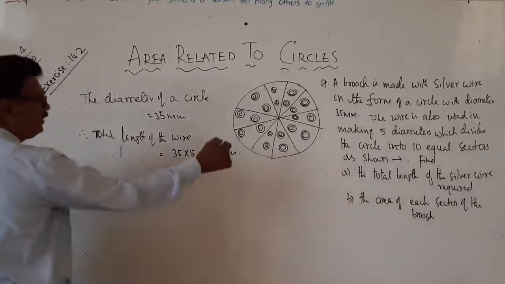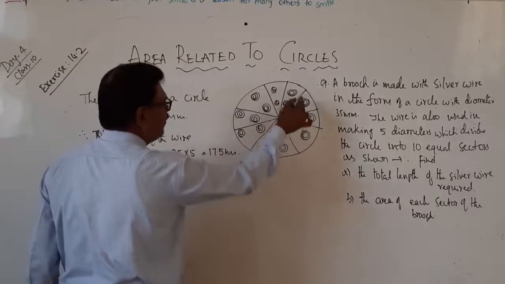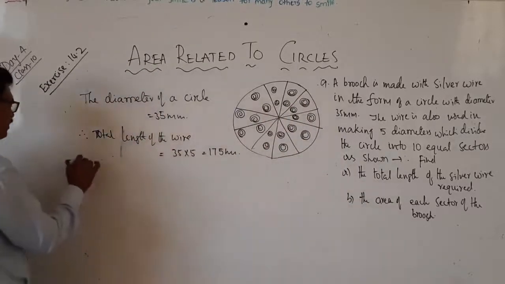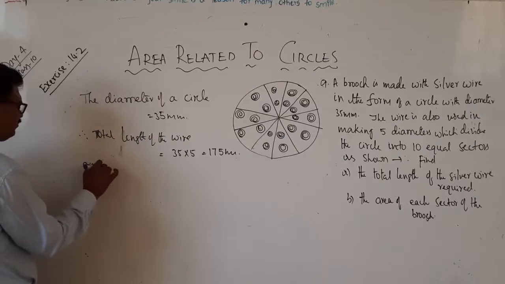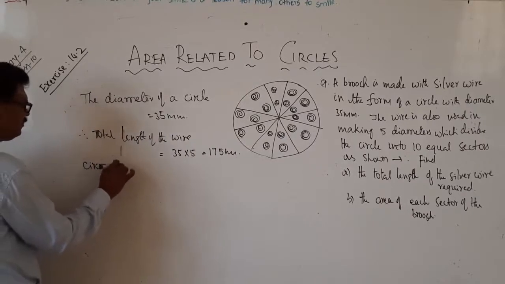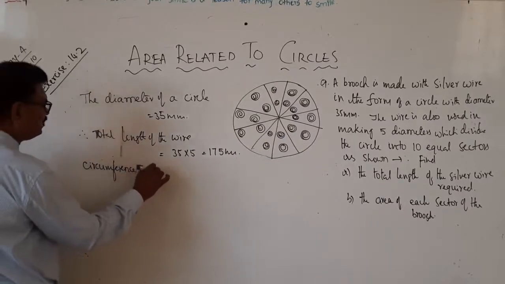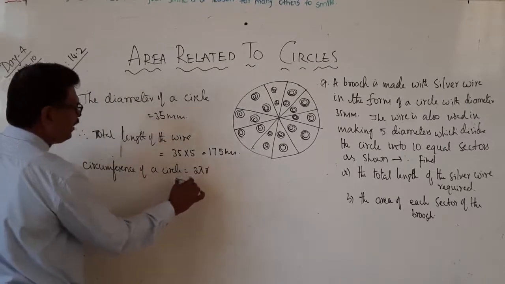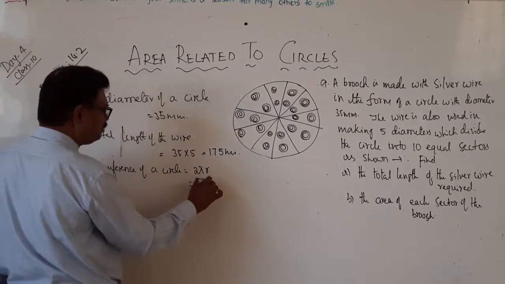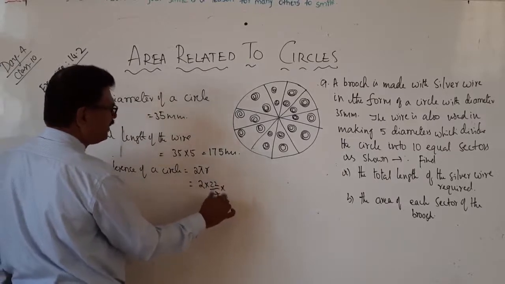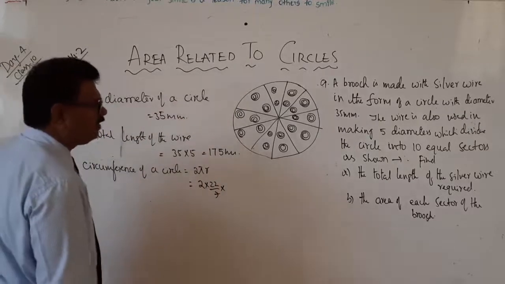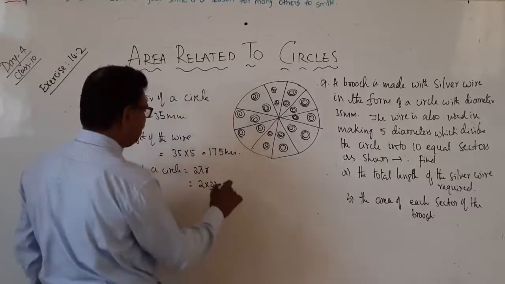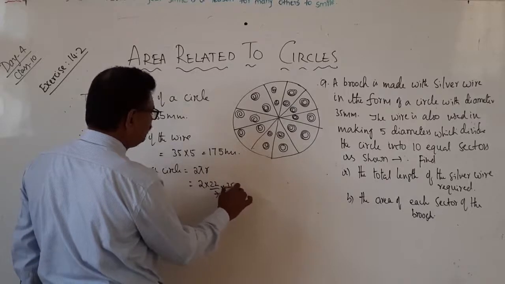But we found only the diameters. What about the circumference? We should count that also, no? Yes. Therefore, circumference of a circle is equal to 2 pi r, which is 2 into 22 by 7 into r. So what is r? It is 35 by 2.